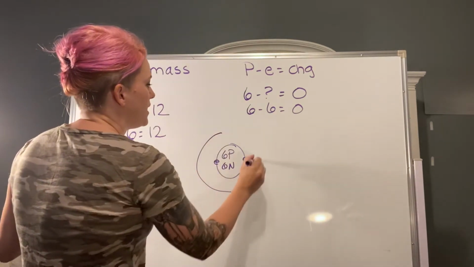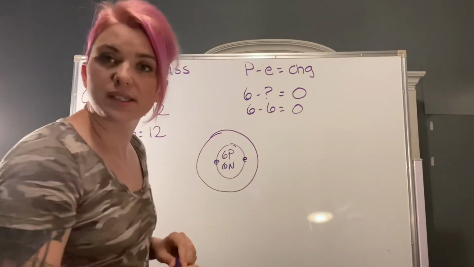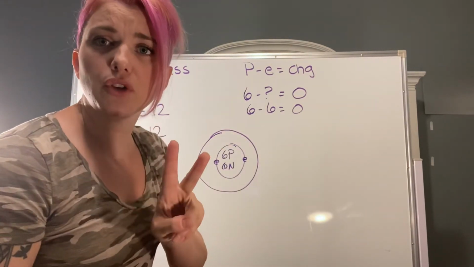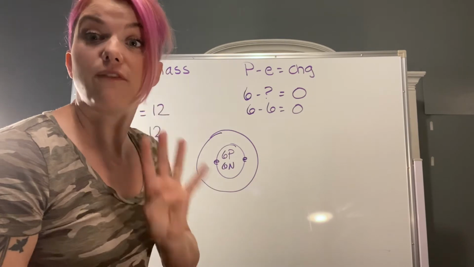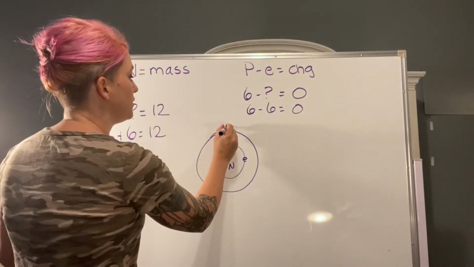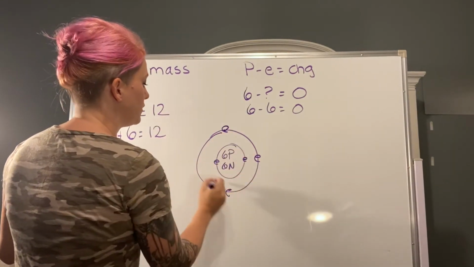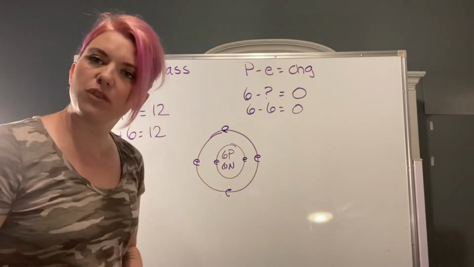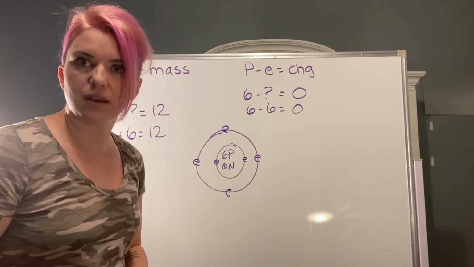Then we'll draw our next one. There are 6 electrons, and since we've already drawn 2, the next orbital has 4 electrons in it. 1, 2, 3, 4. And that would be the Bohr model of carbon.